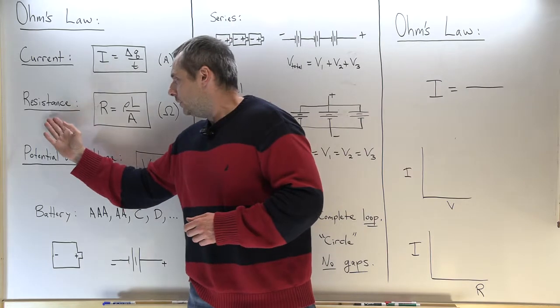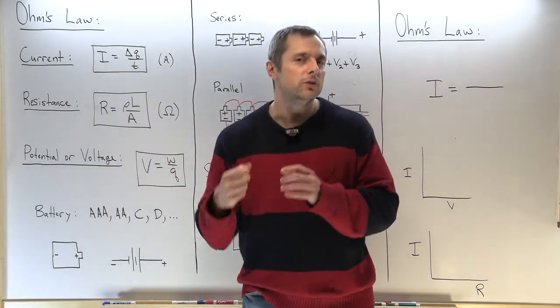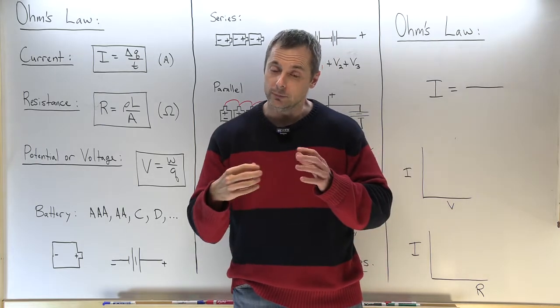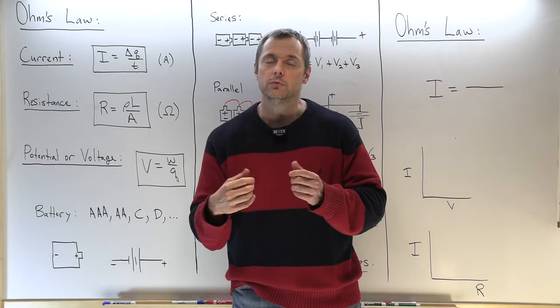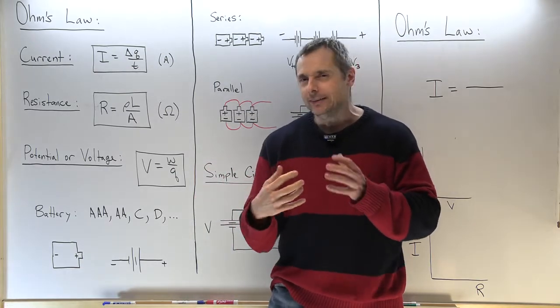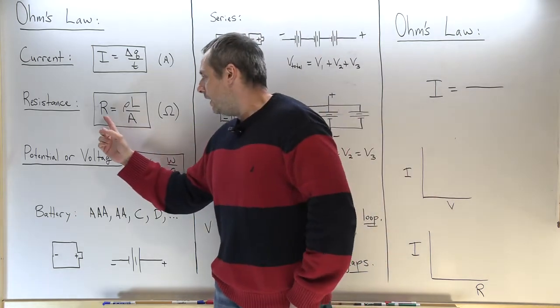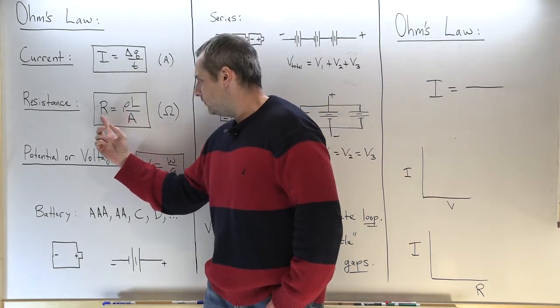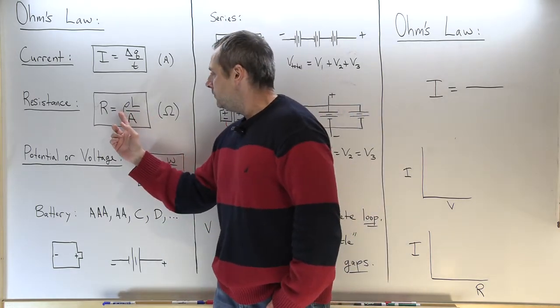Then we learned about resistance, that current doesn't flow with no restriction through wires. Because the electrons are bumping into atoms, they are sort of delayed, it's kind of like a friction effect. That is quantified by the symbol capital R. We learned the formula, resistivity.